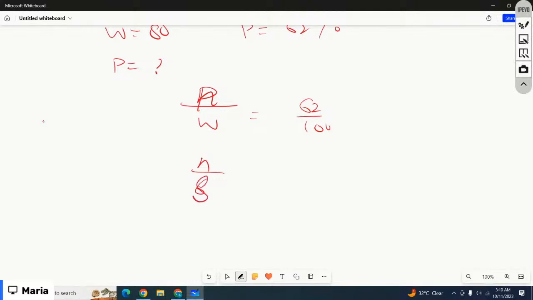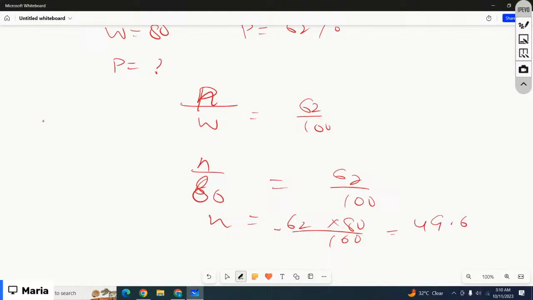So n over 80 equals 62 over 100. So just cross multiply. It would be 62 times 80 over 100, right? When you multiply, it would be 49.6, right? That means 62% of 80 is 49.6. Got it?